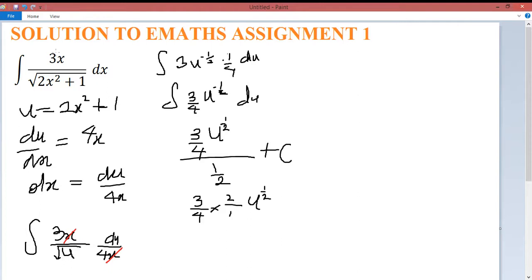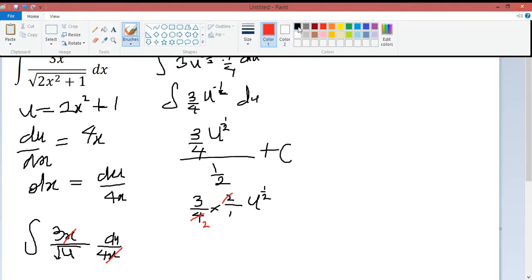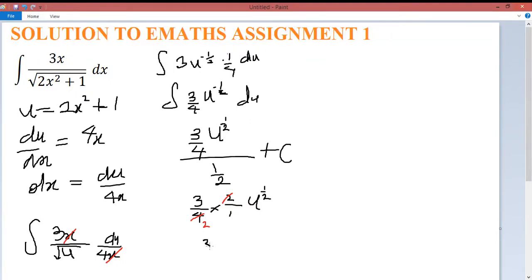The 2 will cancel the 4 two times. So we are left with 3 over 2. The value of u is 2x squared plus 1, all raised to the power half, plus the arbitrary constant of integration. Always remember to add the arbitrary constant of integration. So that's number 3.